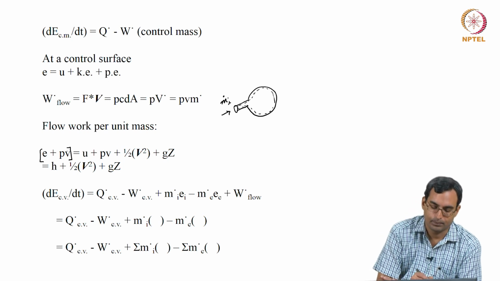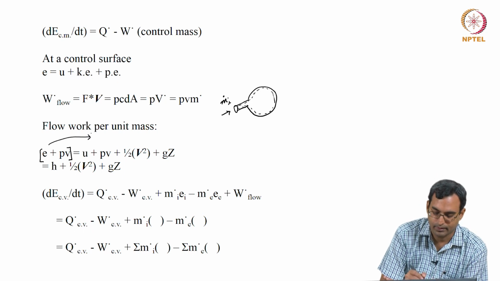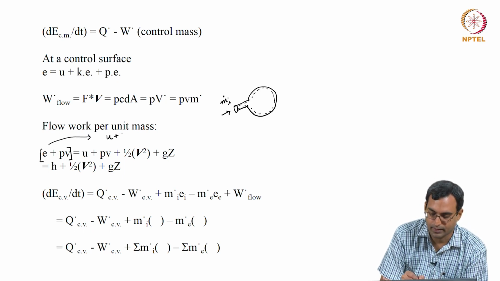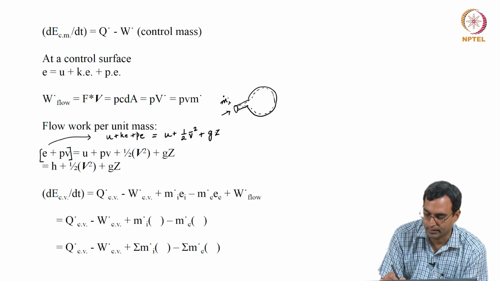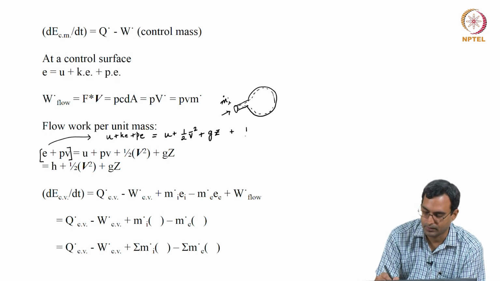So E is essentially U plus half velocity square plus g times z, plus I have this PV term here, which remains as PV.